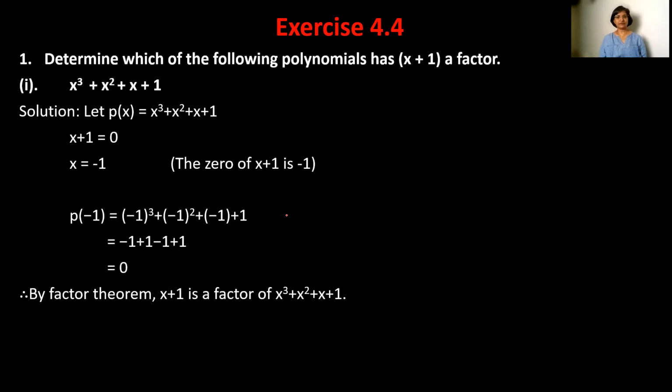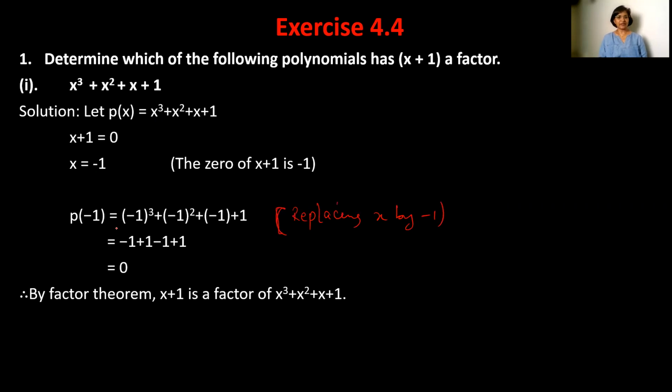So here what we will do, we will replace x in p(x) equals x cube plus x square plus x plus 1 by minus 1. So here, what we have done is replacing x by minus 1, right?